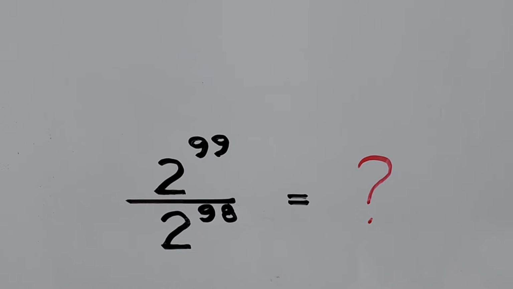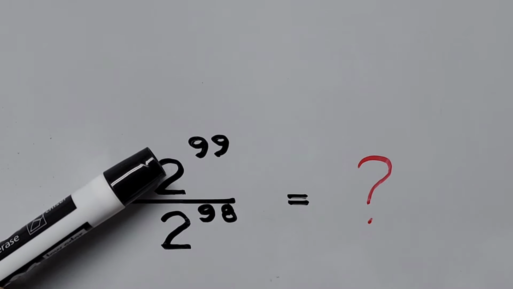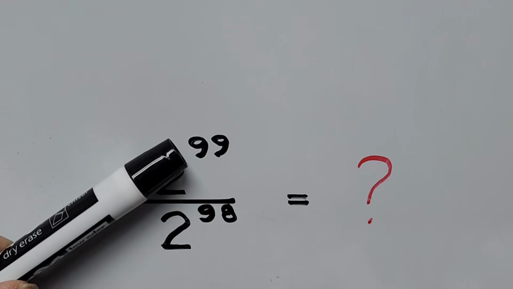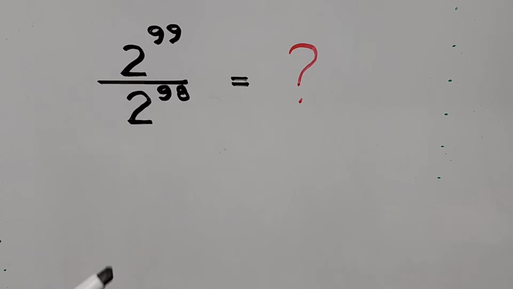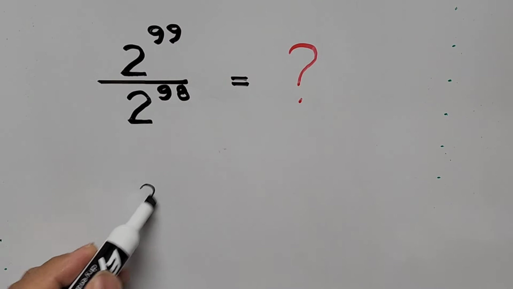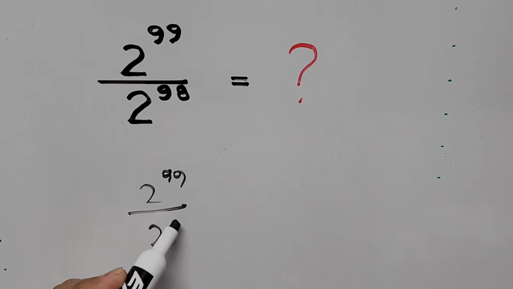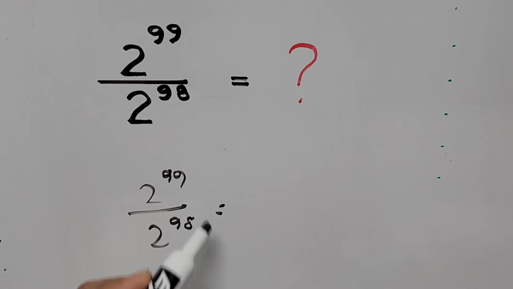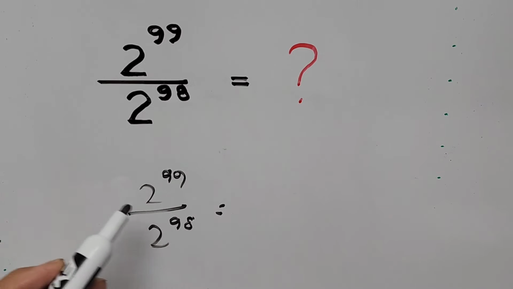Alright, so let's start. My first step will be expressing the exponents in terms of 100: 99 in terms of 100, and 98 in terms of 100. So here, 2 to the power of 99 divided by 2 to the power of 98 can be written with the exponents expressed in terms of 100.